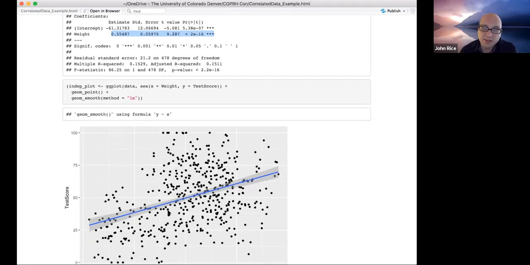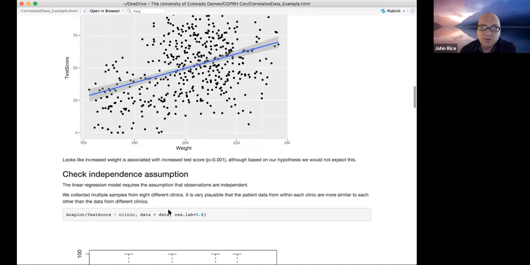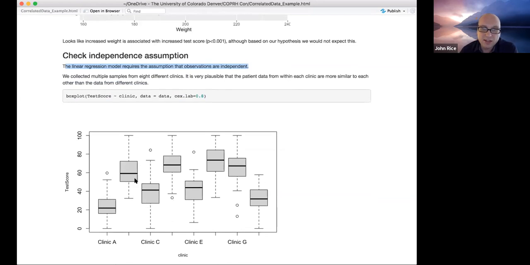And if you look at the scatter plot, you can kind of see where this is coming from. So we're seeing something we don't expect. We're thinking, okay, maybe we need to account for the fact that the observations are not independent within clusters. And we can do that by looking at the distribution within each cluster. So you can see each cluster has a different kind of center of their distribution of test scores.